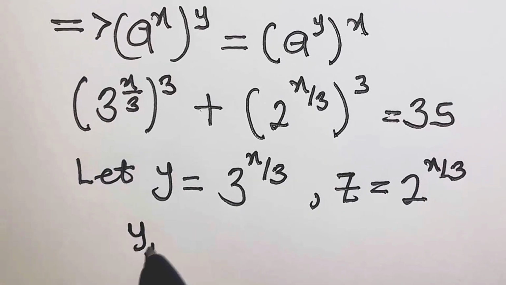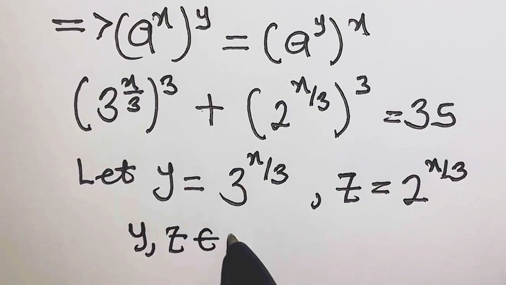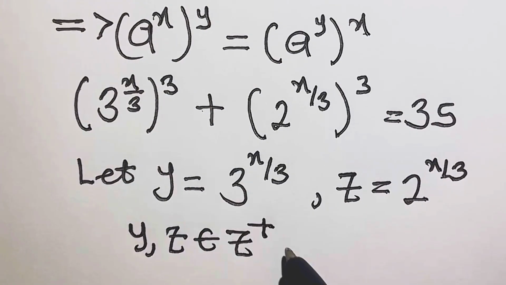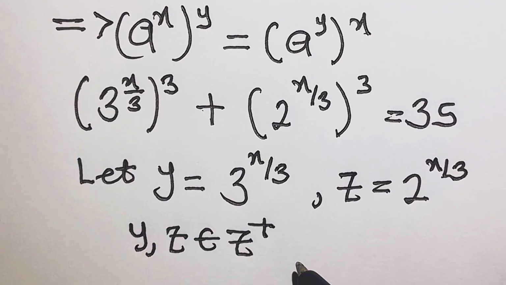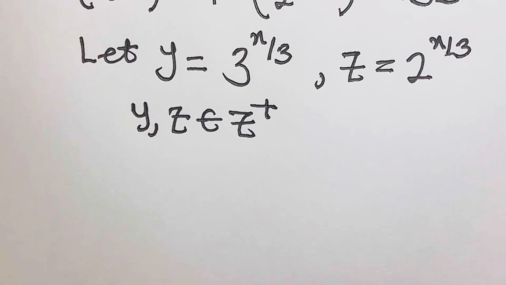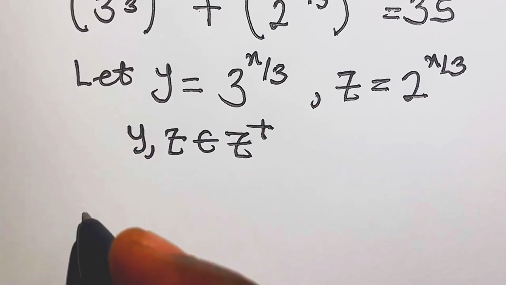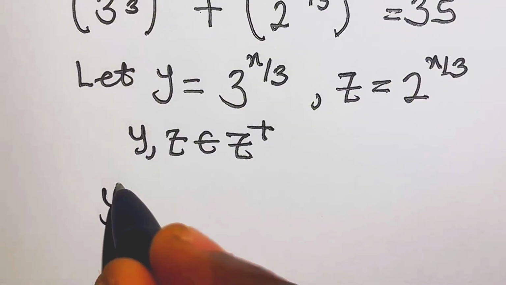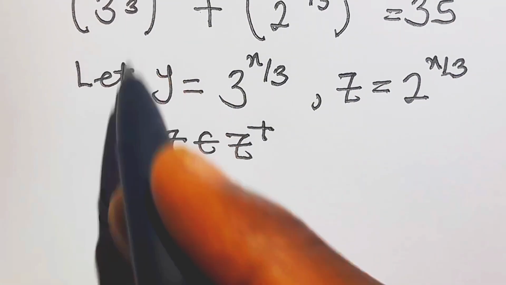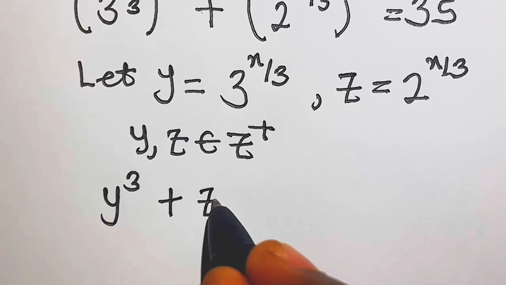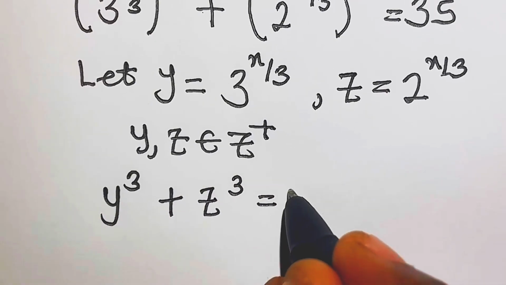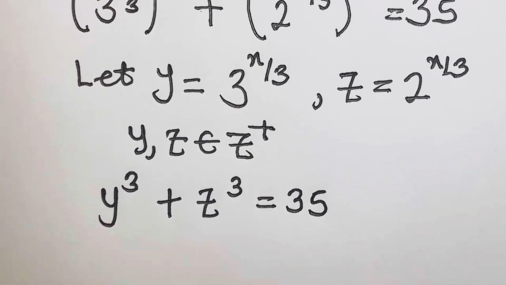For y, z belong to positive integer, and we will have y raised to power 3, so this, then plus z raised to power 3 equals 35.